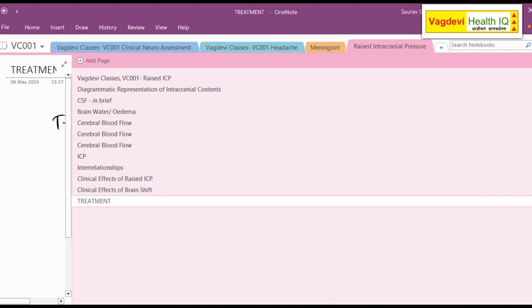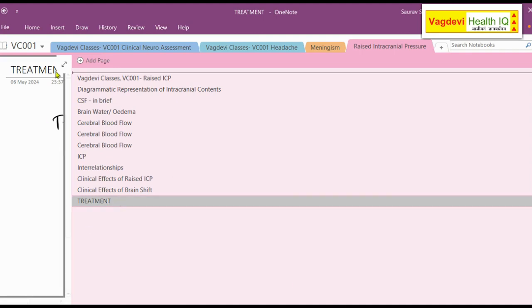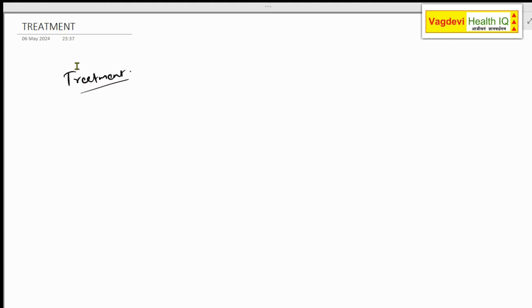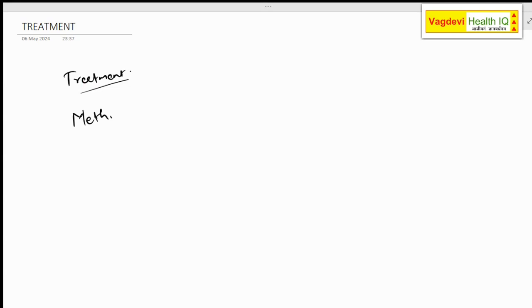The treatment part only we were talking about. Okay, cool. So for the treatment part, you need to go for methods of reducing the intracranial pressure. Methods to reduce ICP.